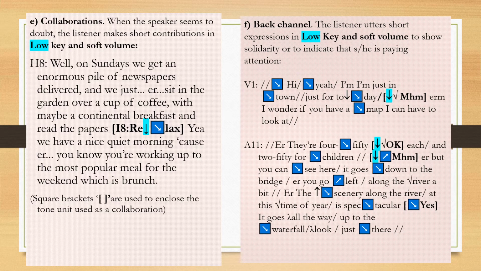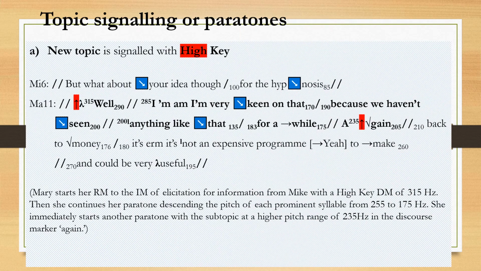And the typical back channel expressions used with low key are discourse markers, like okay, etc. So that the other person doesn't interpret this as a challenge, but rather interprets that you are interacting with them, and by agreeing probably with what you are saying, and so on.